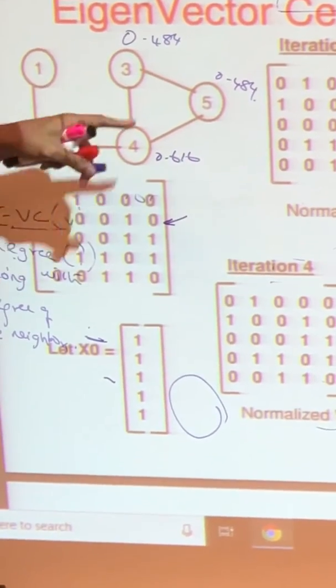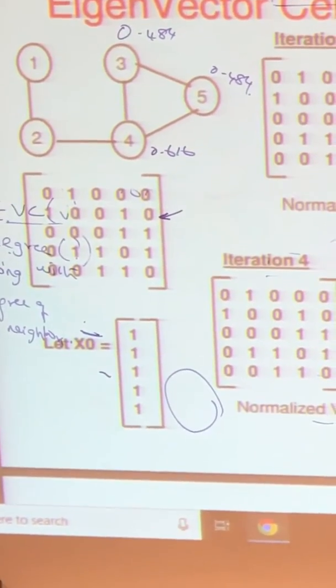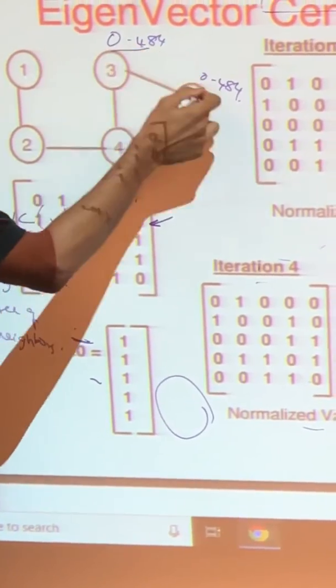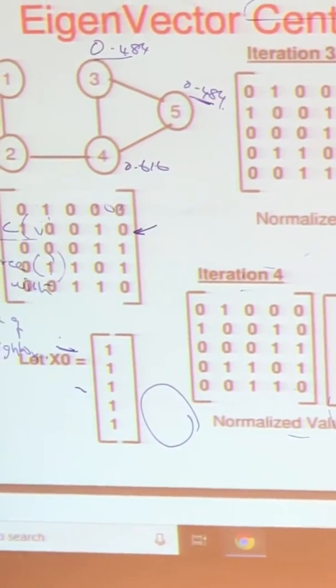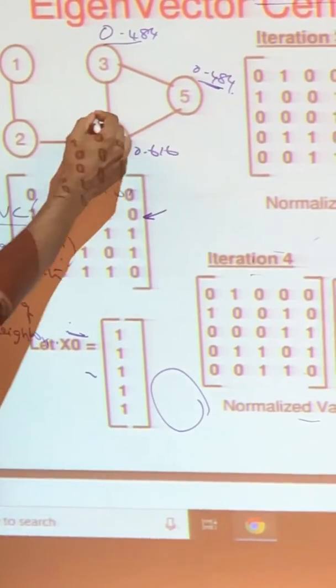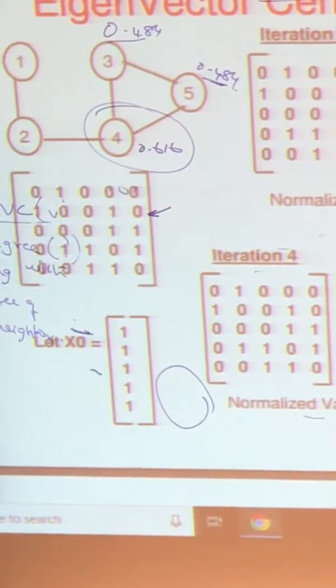So when you take the degree of the neighbors into consideration, the eigenvector centrality is also taken into consideration. All these things make vertex 4 have a really large eigenvector centrality.